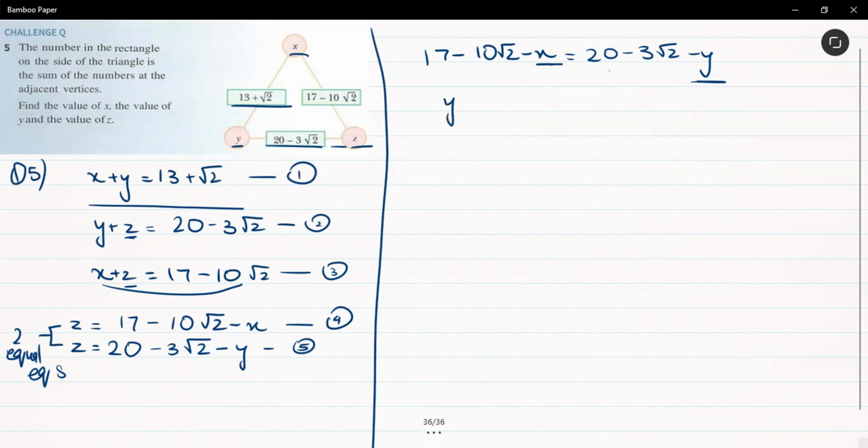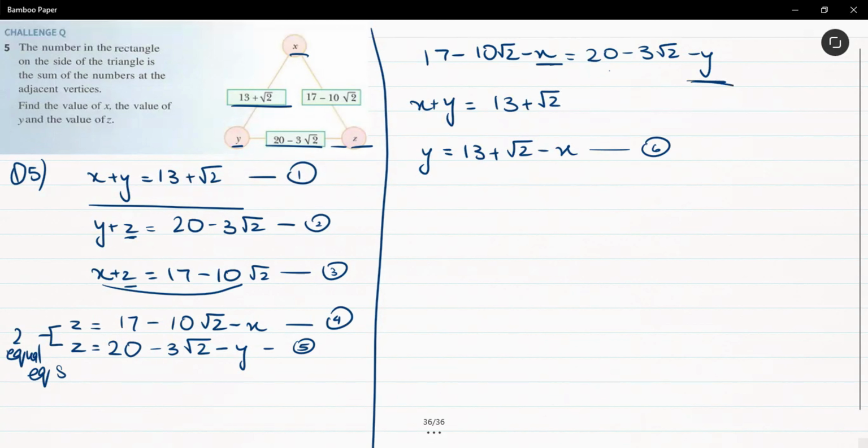So if I were to find y in terms of x, I would copy equation 1. So this is x plus y. This is equation 1. And I would find out equation number 6 out of this, which would be 13 plus under root 2 minus x. And now I found equation number 6, which is actually y in terms of x.